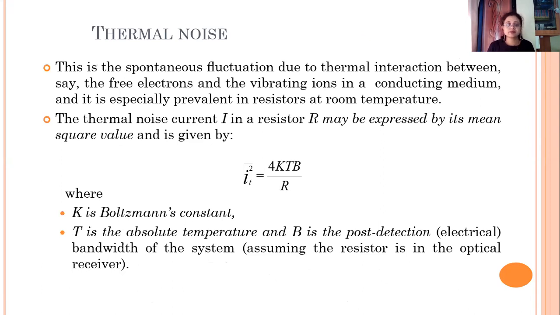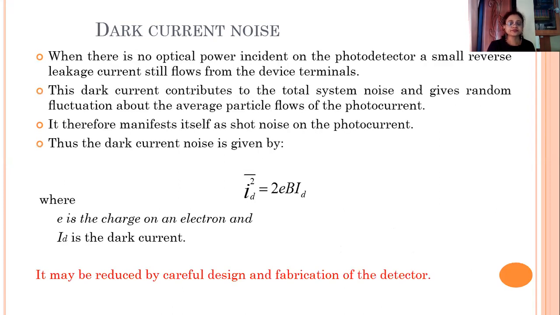This noise can be defined as I squared equals 4kTB upon R, where k and T are the Boltzmann constant and the room temperature, B represents the bandwidth over which this noise is considered, and R, of course, is the resistance value of the resistor across which this thermal noise is calculated.